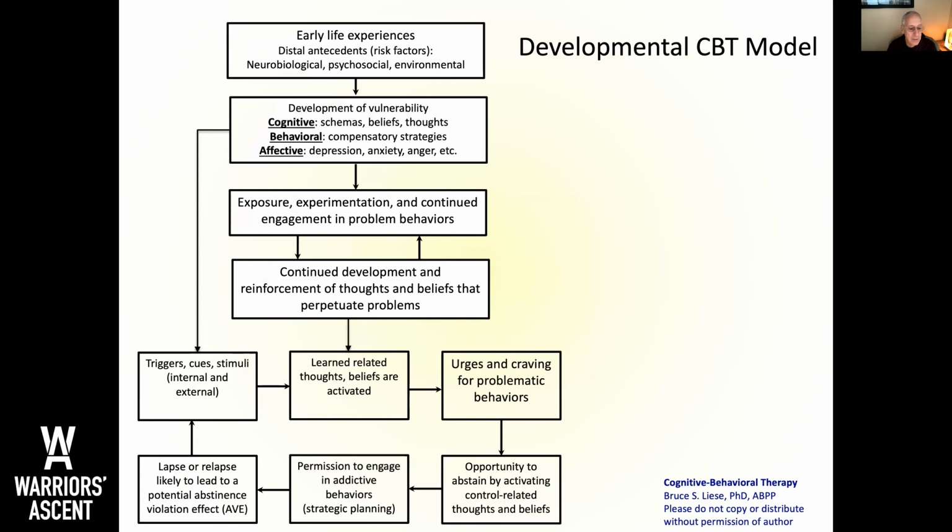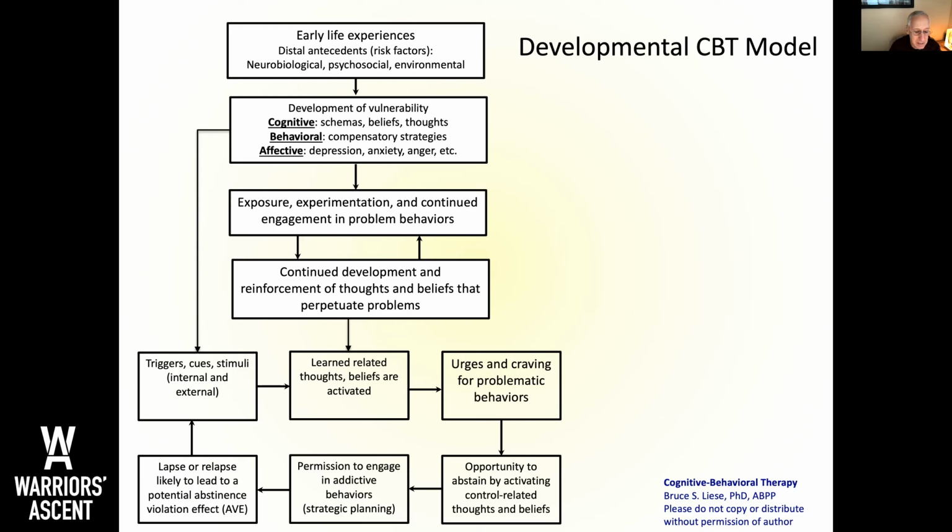When you put that together with some of the vicious cycles, so you see what I just talked about at the top, and here at the bottom, you can see how the triggers, cues, and stimuli on the lower left side, internal and external, those learned thoughts and beliefs that follow those cues can really result in urges and cravings to go back to bed, to smoke a joint, to scream at somebody if that's a problematic behavior that a person has.